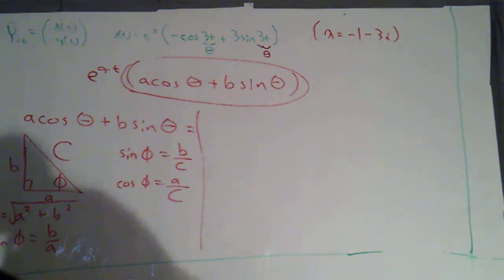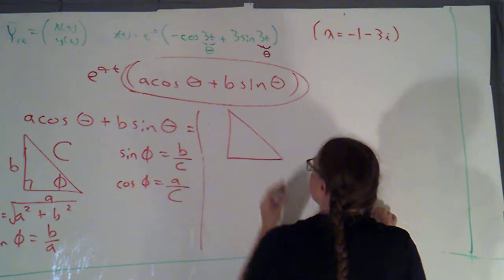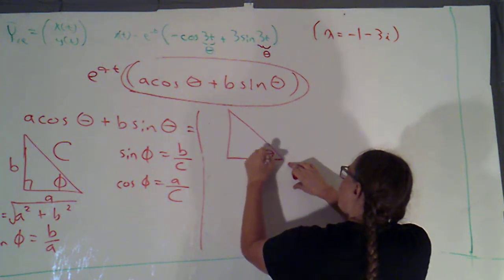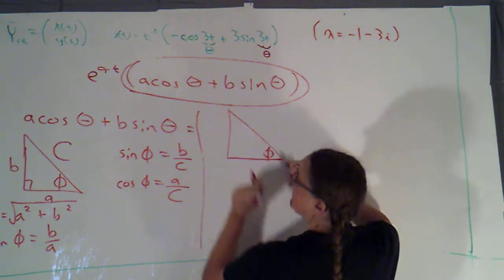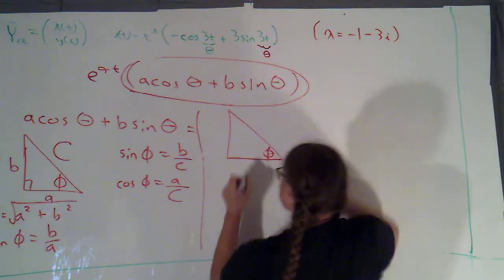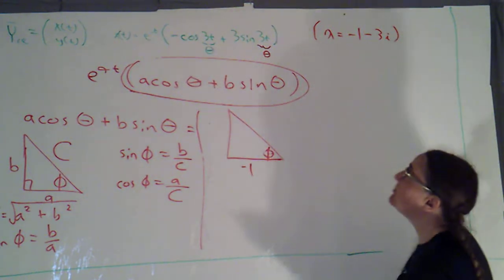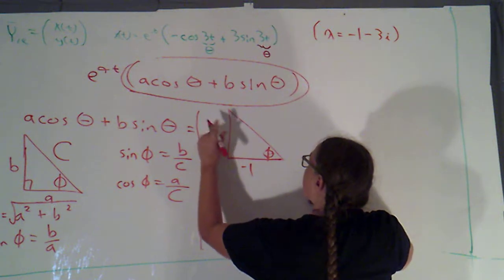So I'm going to draw my symbolic triangle here. So here's my phi. a was the number in front of cosine. That was -1. b was the number in front of sine. That's going to be 3.